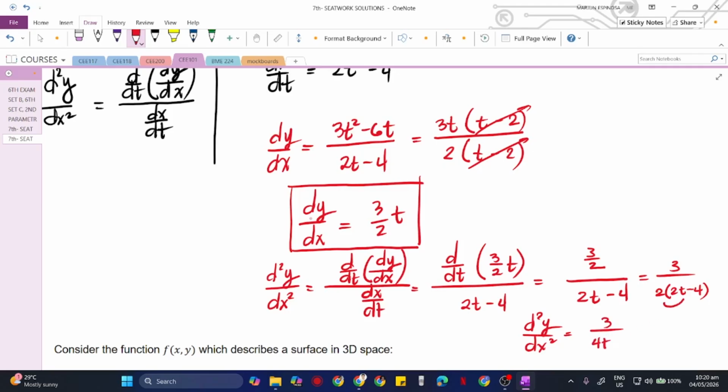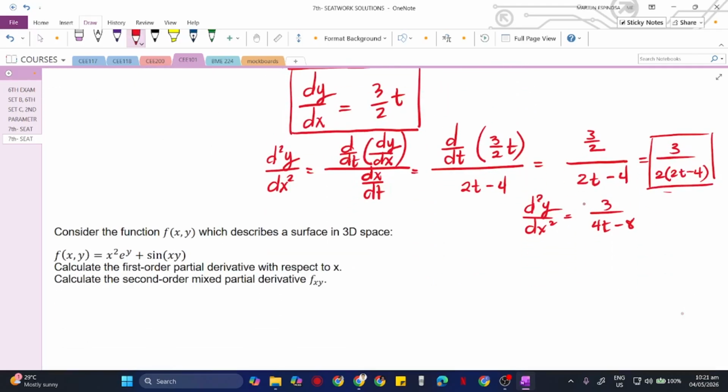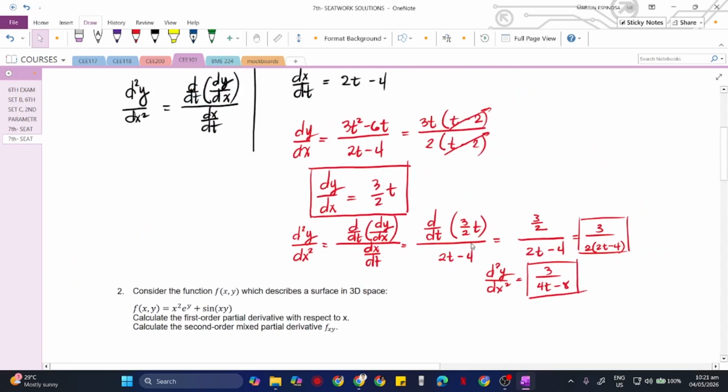We can stick with this answer, or we can also distribute the 2. So that would give us 3 over 4t minus 8. It is the same. Is this your answer? Do we have the same answer? Yes, sir. Okay, that's good.